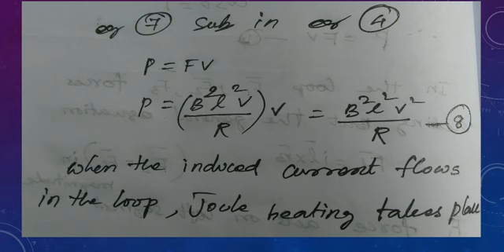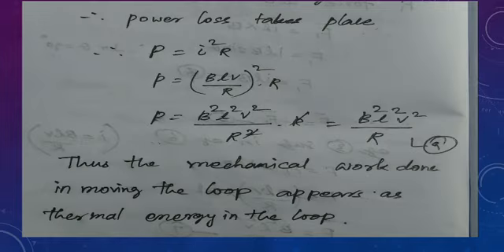When the induced current flows in the loop, Joule's heating takes place. Joule's heating is nothing but the loss of energy, therefore power loss takes place. What is the power loss? It depends on the square of the current and the resistance.